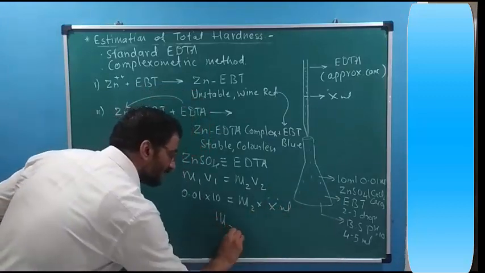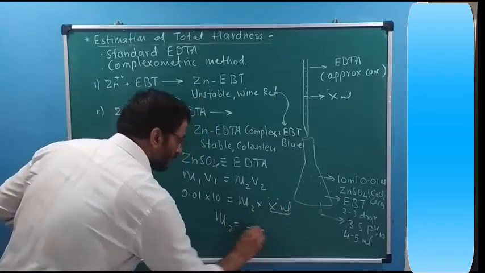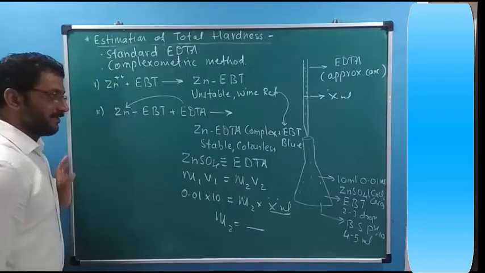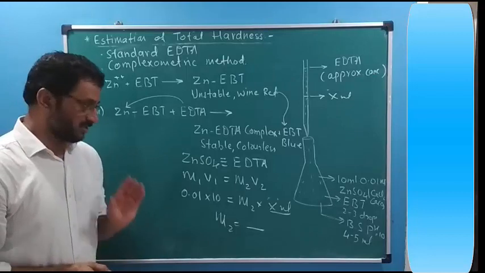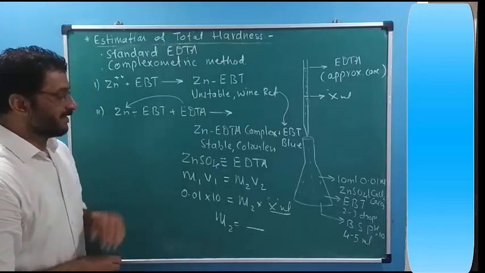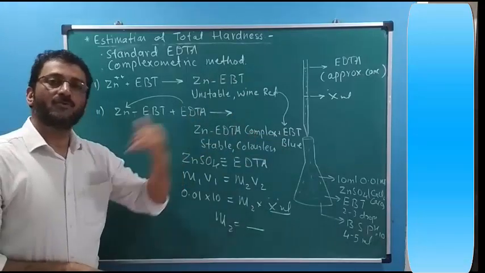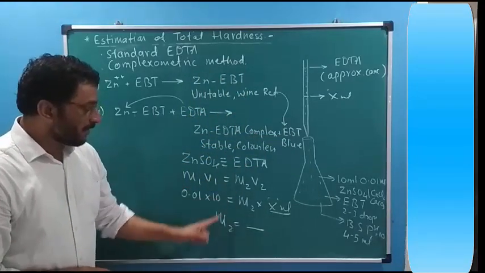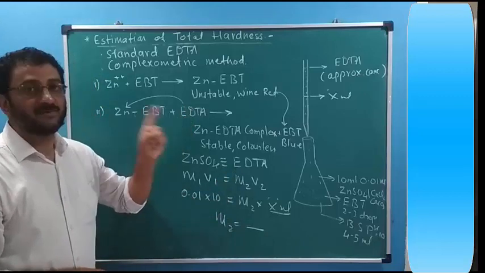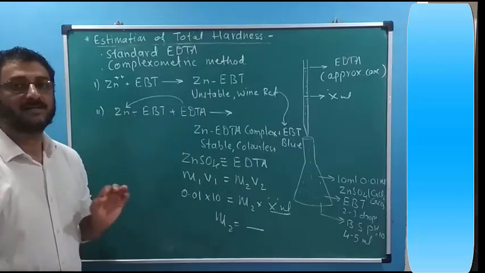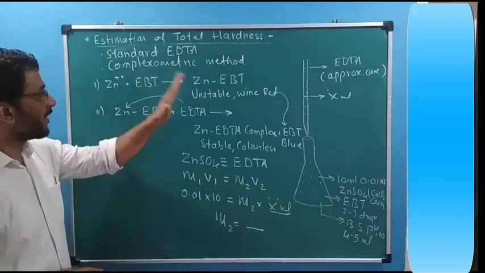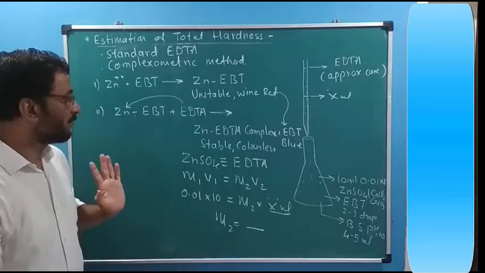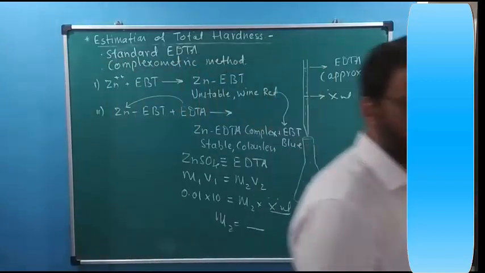So from this X ml, you can easily find out M2. Same EDTA we are going to use in the second part. But as we know the M2 of that, the same EDTA will be called standard EDTA. This is part 1 of the experiment. These are the simple calculation parts of part 1. Okay, fine.